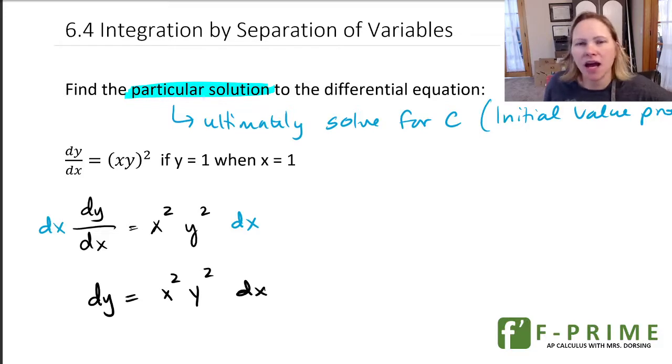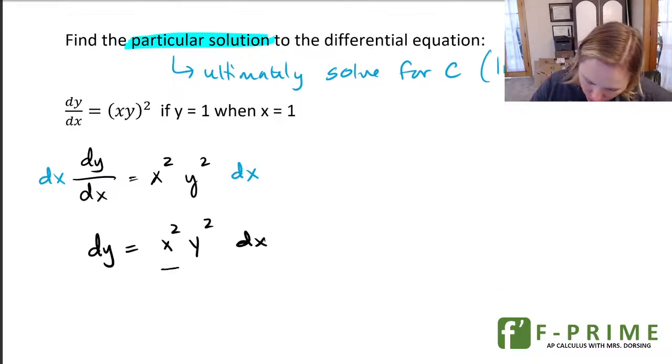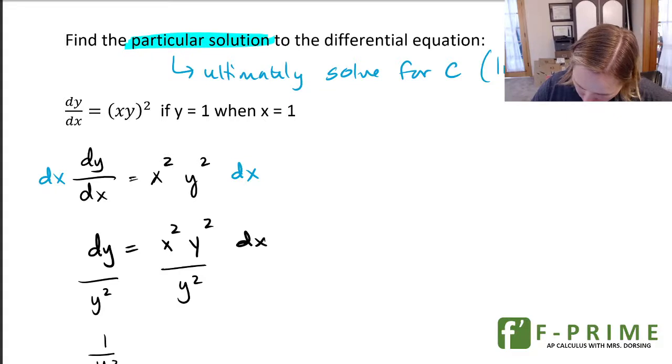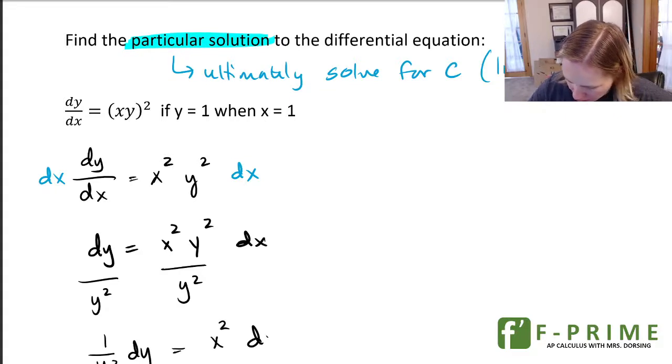You cannot add y or subtract y to move it to the left-hand side. You must use multiplication or division. So I'm going to divide by y squared here, and when I do, I get 1 over y squared dy equals x squared dx.